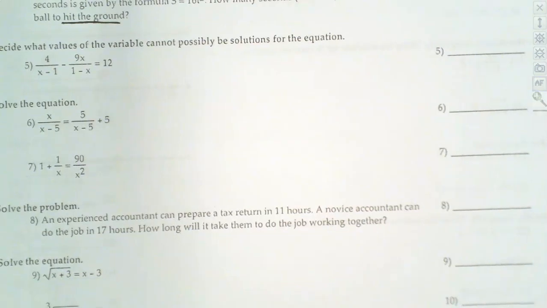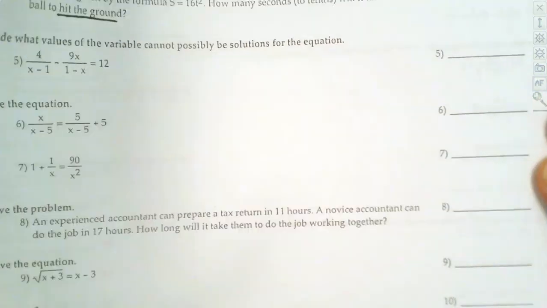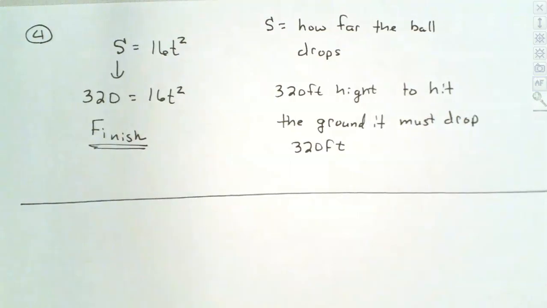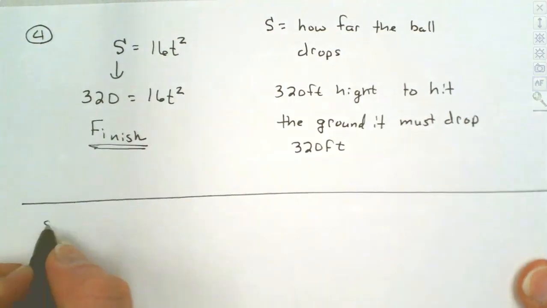So an experienced accountant can do a tax return in 11 hours. A novice one can do it in 17 hours. How long will it take them to do the job when they work together? So let's see what we've got. We've got an experienced accountant.